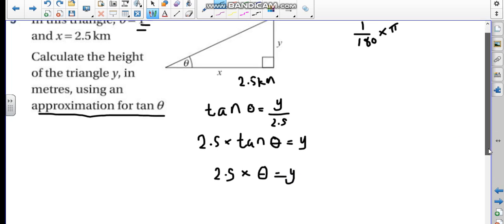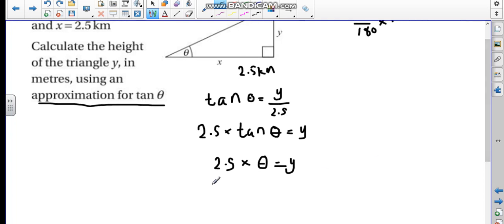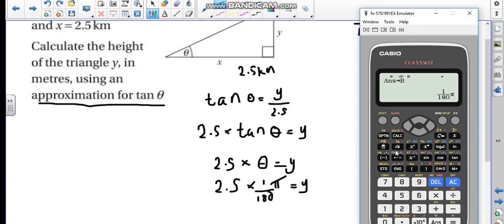Now theta, we've said in radians is 1/180th pi, so it's going to be 2.5 times 1/180 pi, and that equals y. So let's put that onto the calculator. I already got 1/180th pi there, so I'm just going to multiply that by 2.5.